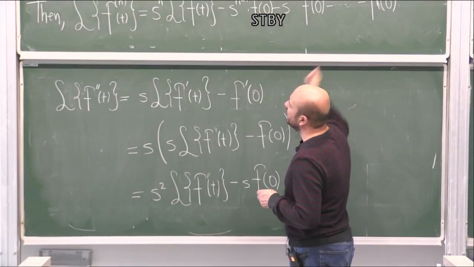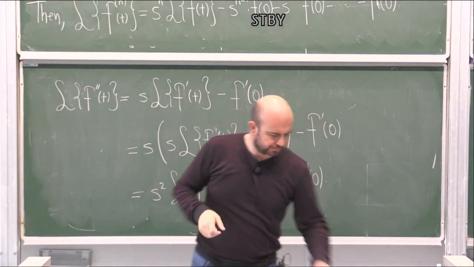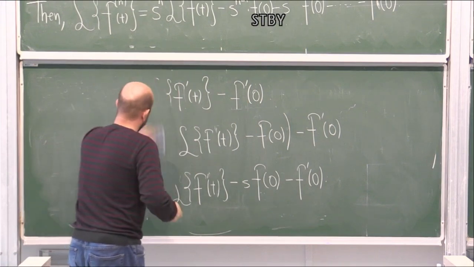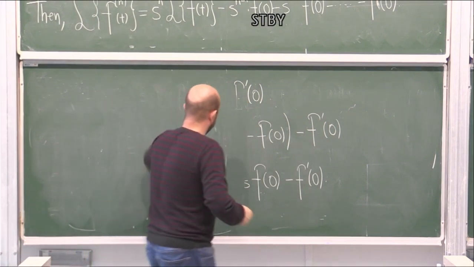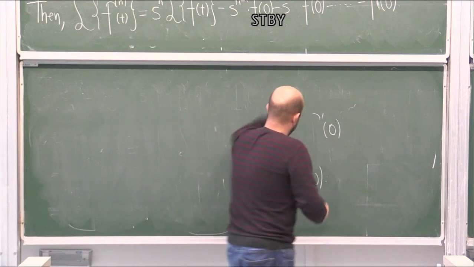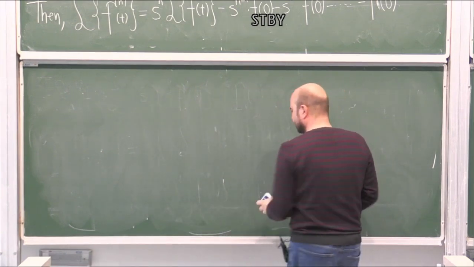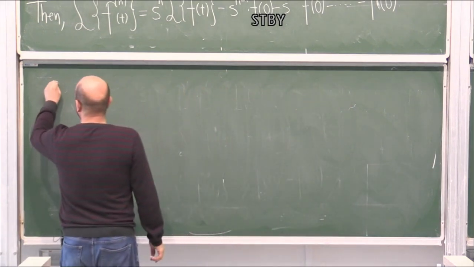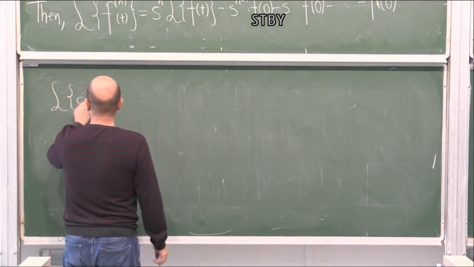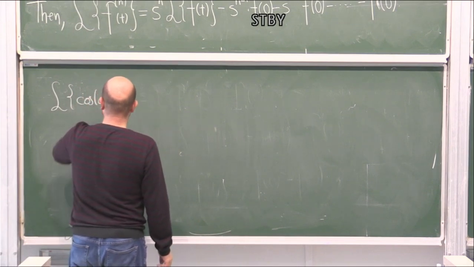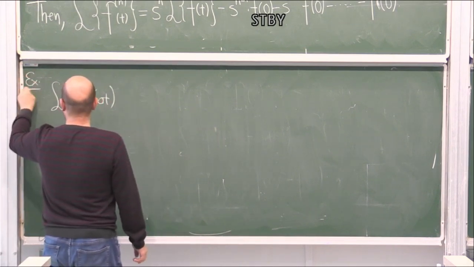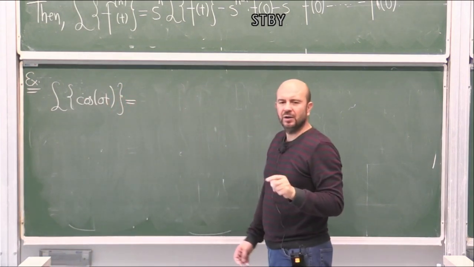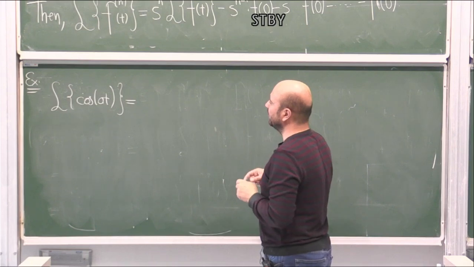All right. Now, let's do one simple example for this. How about the Laplace transform of cosine at? Let's find this. I know that cosine is a derivative of sine.